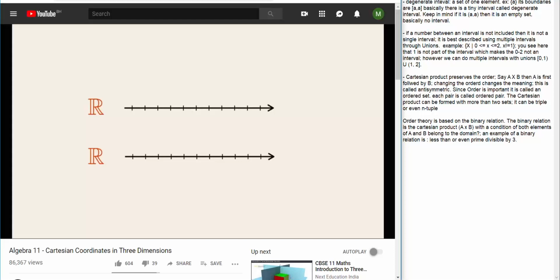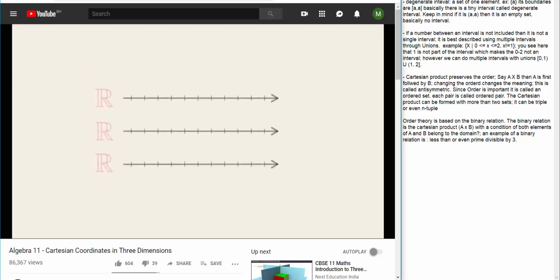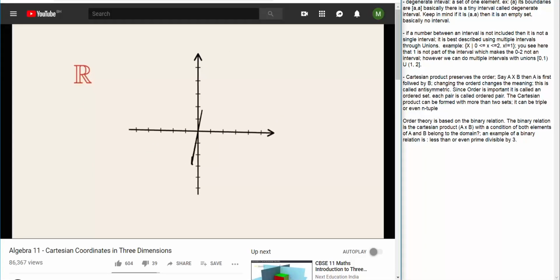And just as the two-dimensional Cartesian plane was built from 2 number lines oriented perpendicular to each other, three-dimensional Cartesian space can be created by taking 3 number lines and orienting all 3 perpendicular to each other.